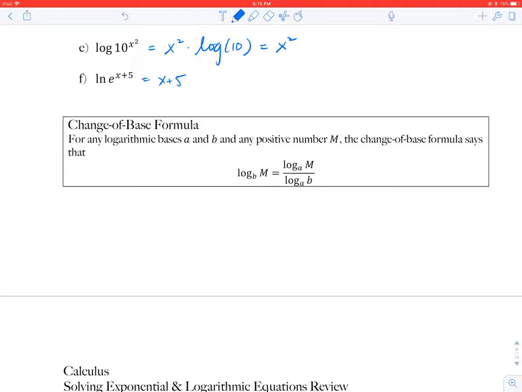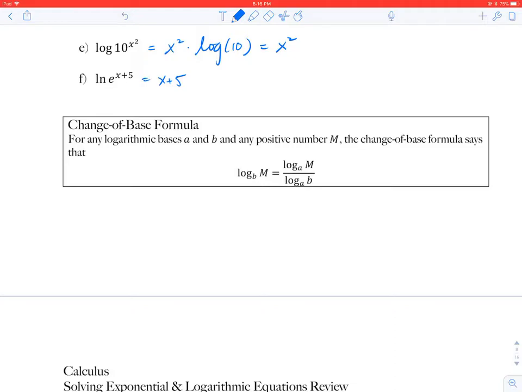All right, change of base formula is a way that you can evaluate logarithms on your calculator by hitting math and then scrolling up to A, and then you can type in whatever base you want and the argument. But if you just want to use the log or the ln buttons to evaluate a logarithm, it doesn't matter. So if we want to evaluate log base b of m, you can take the log of m over the log of b.